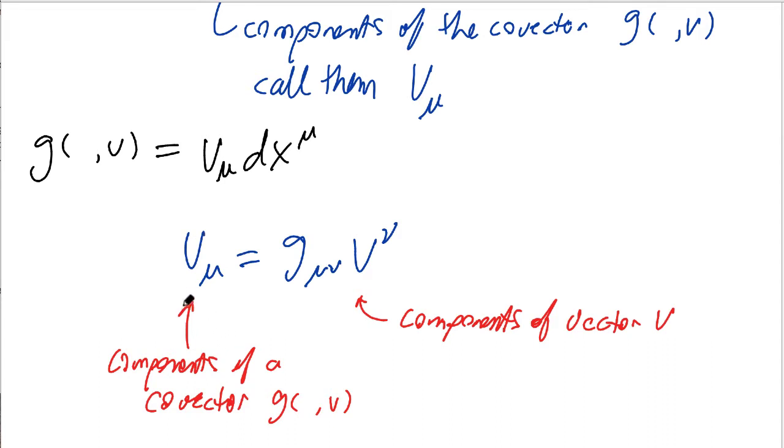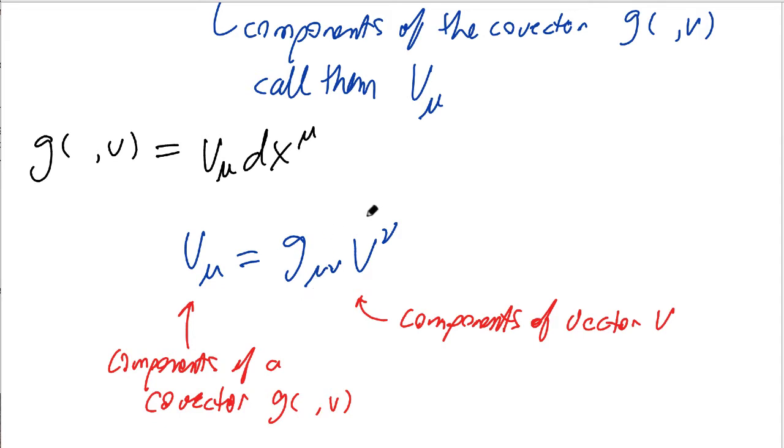We can always distinguish between the components of the covector and the components of the vector by the placement of the indices. For a covector, the index is always a subscript. For a vector, the index is always a superscript. All right, but what this is telling us is that given any vector, we have a naturally associated covector, and the association is given to us by the metric.